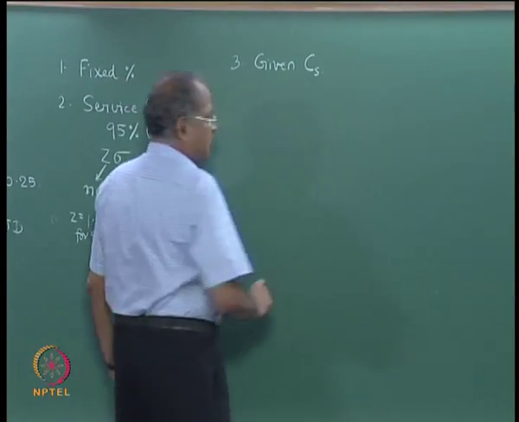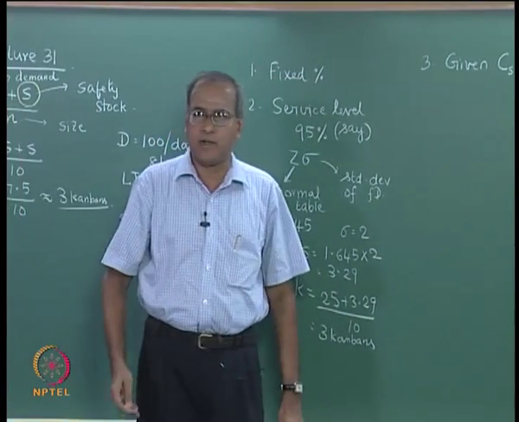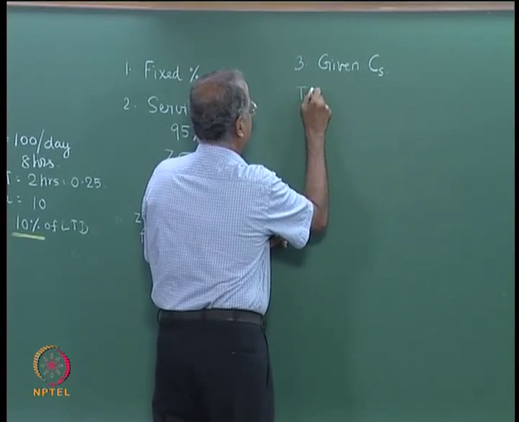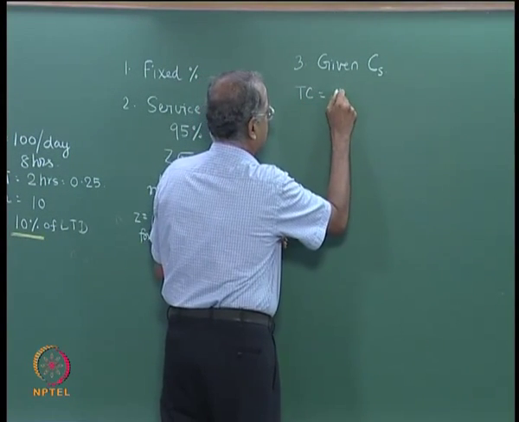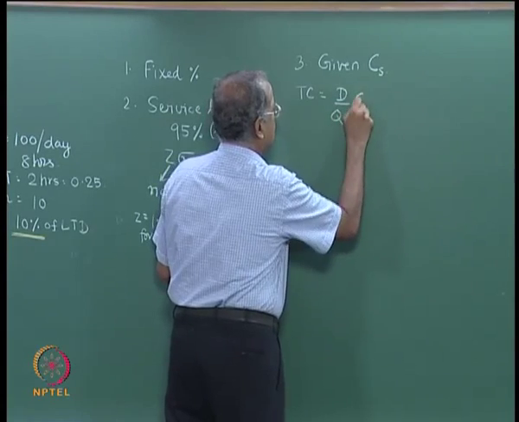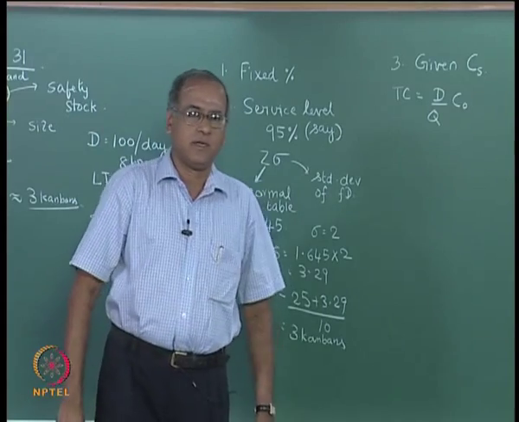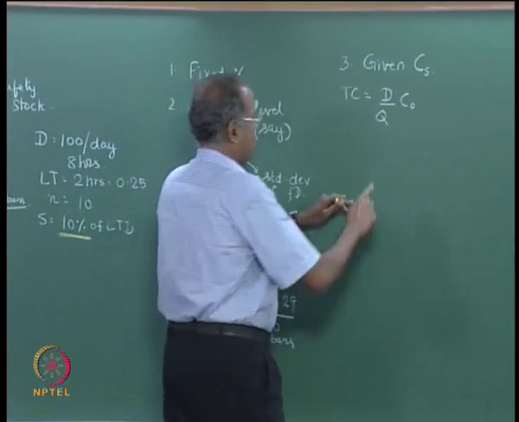For this derivation, we go back to probabilistic inventory models, where the total cost of inventory is given by D by Q into C naught. D is the annual demand, Q is the order quantity, C naught is the order cost per order.